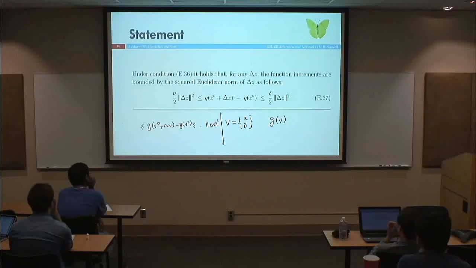And it will be lower bounded by the norm of delta v, right? What will go in here? So here should go an upper bound on the Hessian of g, right? What should go here and there? These bounds are the ones that will appear here, right?